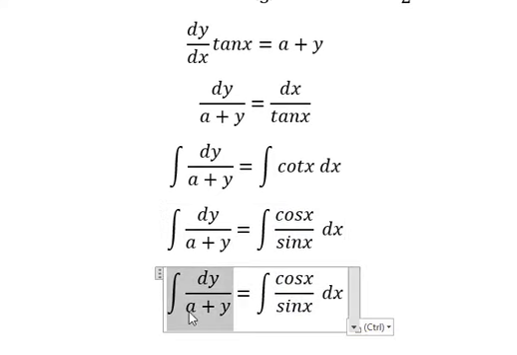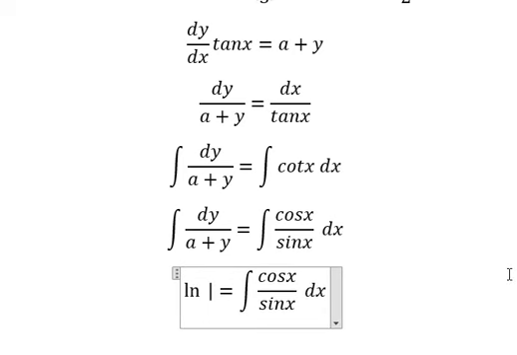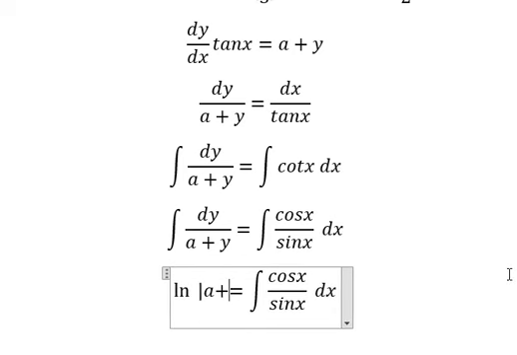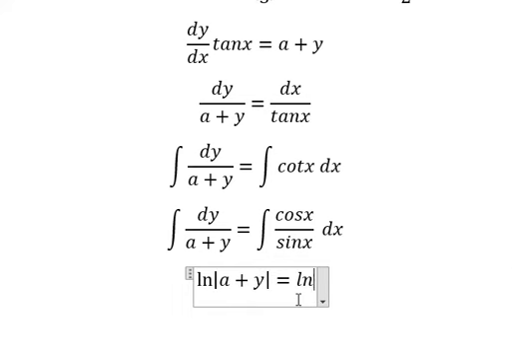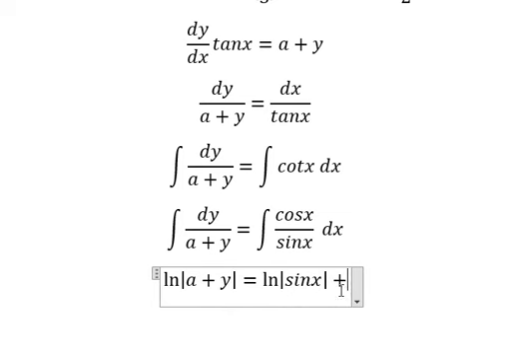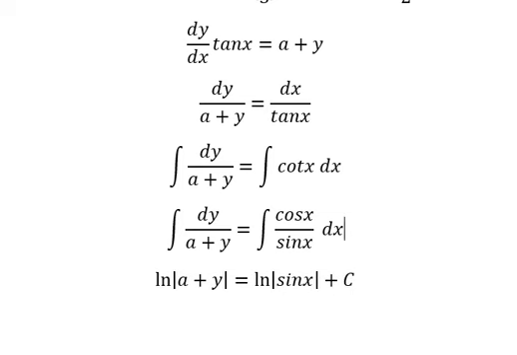The integration of this one, we have ln of the absolute value of a plus y. This one, we have ln of the absolute value of sine s, and I will put plus c.